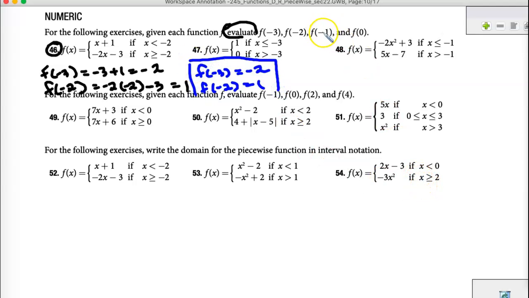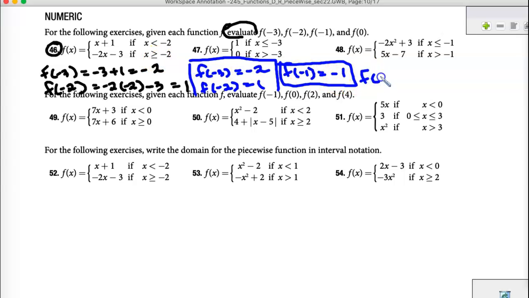Then when you have x to be -1, is -1 greater than or equal to -2? Yes. And depending on how skilled we are, we could evaluate f at -1 and just do it mentally. -2 times -1 is 2. 2 minus 3 is -1. And then when you put 0, 0 is greater than or equal to -2.